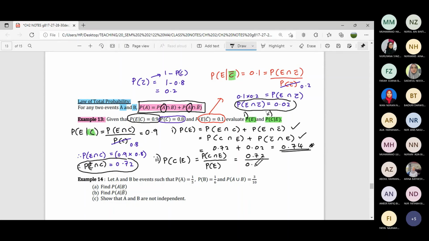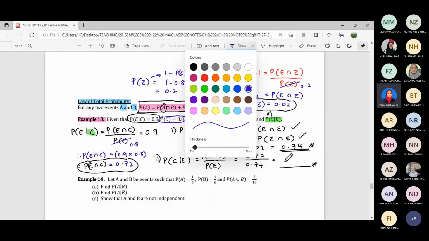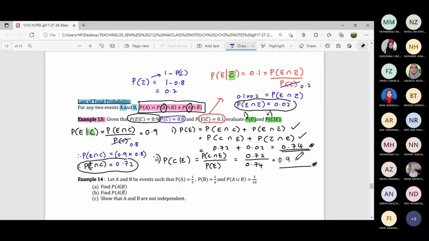P(E) 0.74. Tadi dah dapat 0.74. So we have here 0.72 bahagi dengan 0.74. So what do we have? 0.973. Kalau nak buat 4 titik perpuluhan, kalau nak buat 3, buat 3, kalau nak buat 2, 0.97.